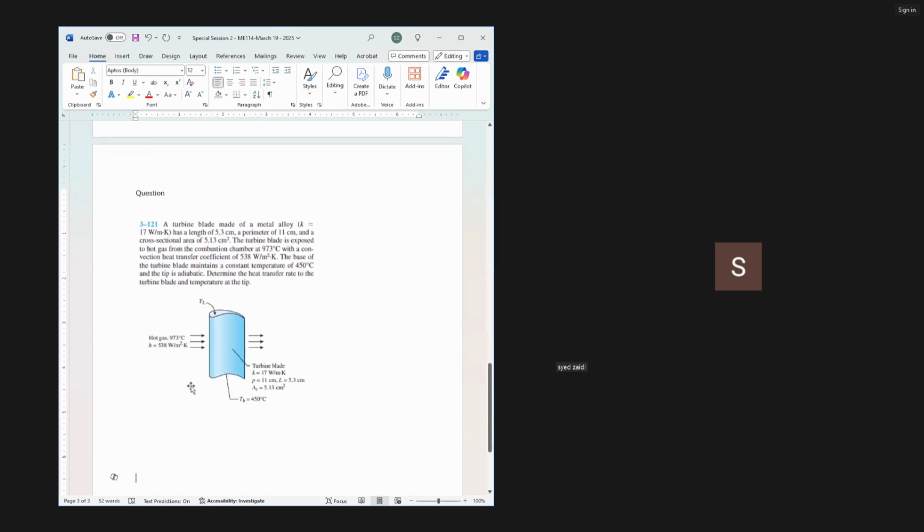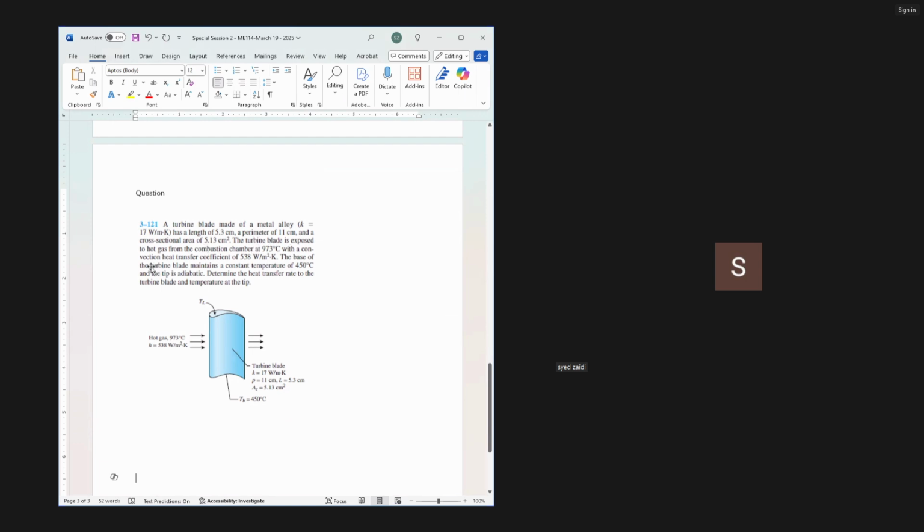Okay, so the turbine blade is made of a metal alloy, K value is given, with a length of 5.3 centimeter. So length is given, cross-sectional area is given and perimeter is given.